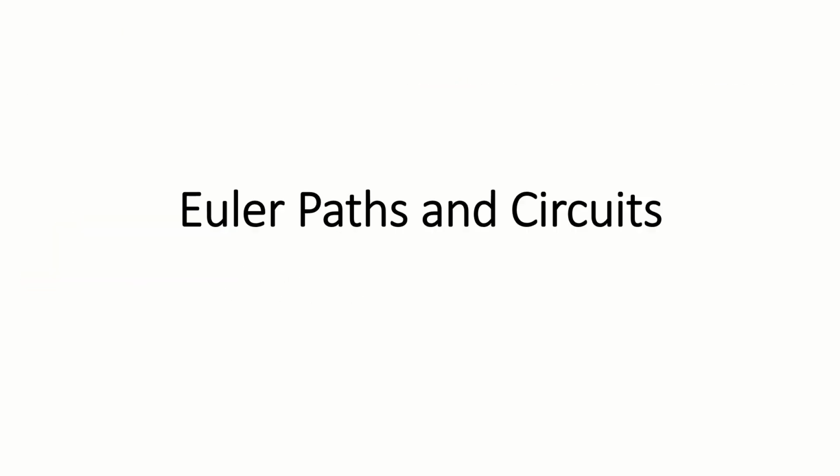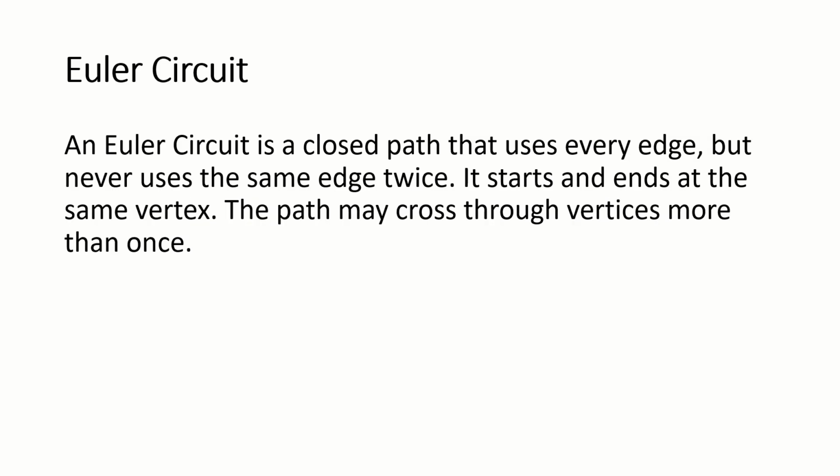So going back, in connection to this, we will now discuss Euler paths and circuits. Now, an Euler circuit is a closed path. Take note, a closed path. When we say a closed path, it must start and end with the same vertex. So a closed path that uses every edge. It uses every edge, meaning it passes through every edge, but never uses the same edge twice.